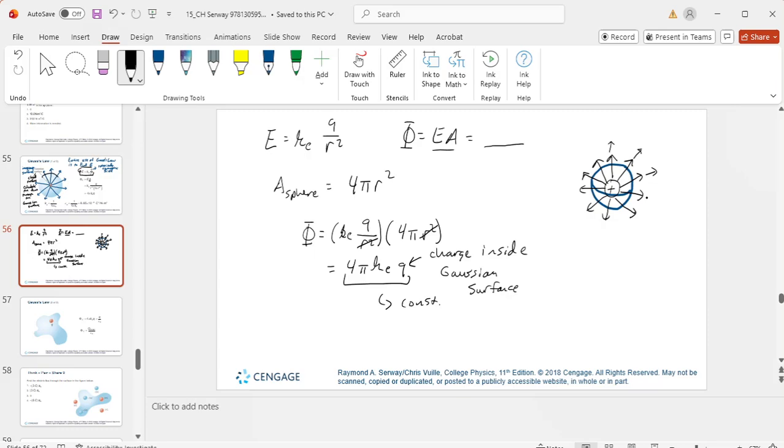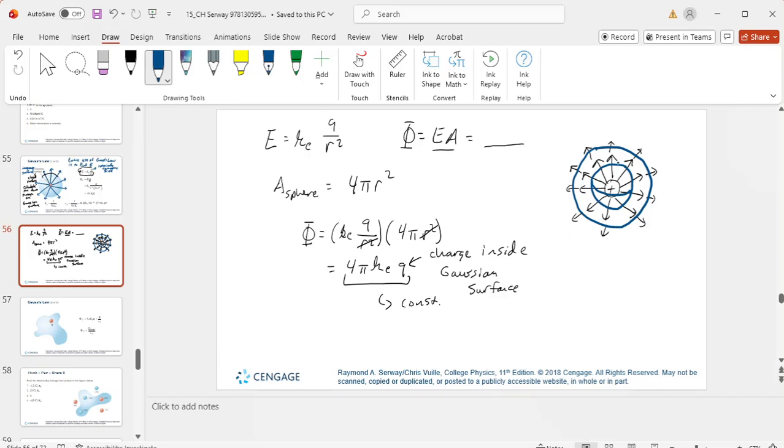So my claim is this. If I draw a second Gaussian surface out here, these two fluxes are the same.